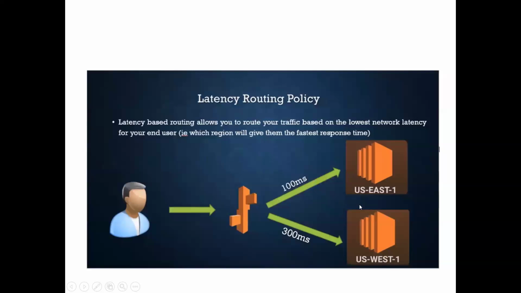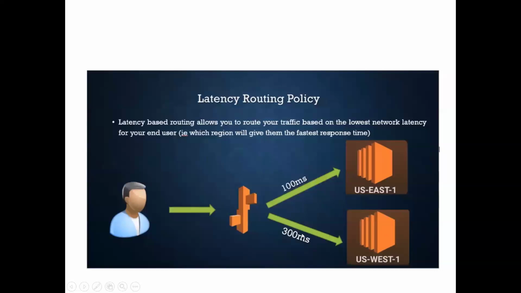In this scenario, if the request goes to US East 1, I get a response within 100 milliseconds, and if it goes to US West 1, I get a response within 300 milliseconds. So which has more latency here? We need to understand which one has more latency and which one has less.